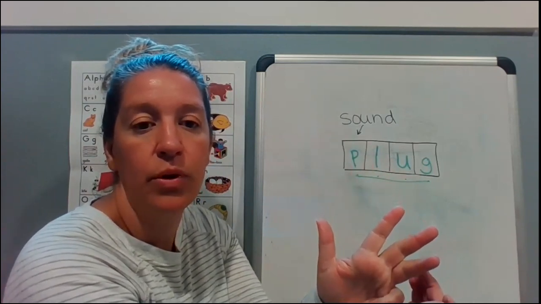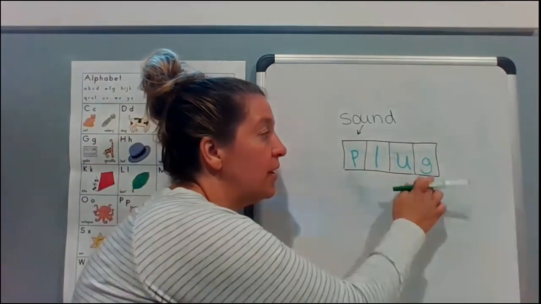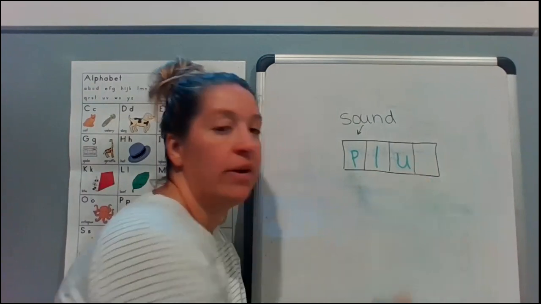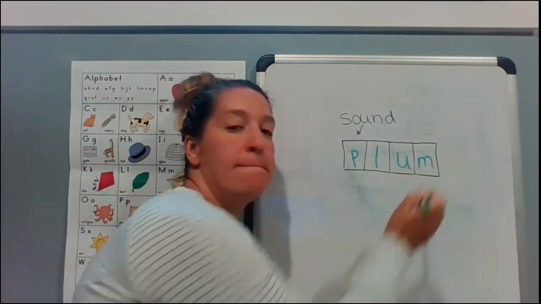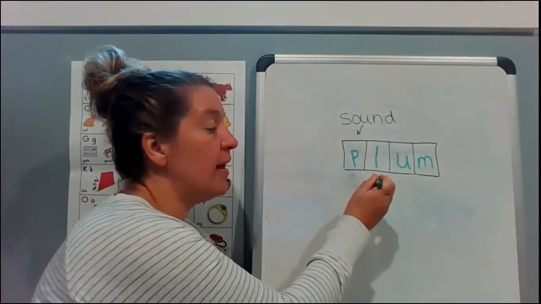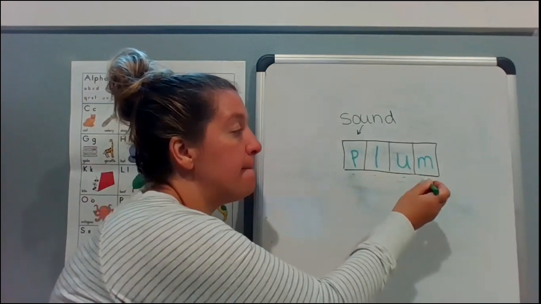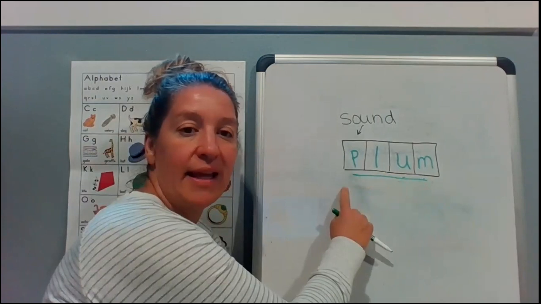Which letter do you need to change? That last sound. Plum ends with the sound M. That's an M. Let's check it. P, L, U, M. Let's blend it. Plum. Let's say it like a word.